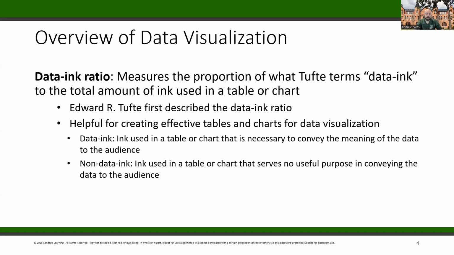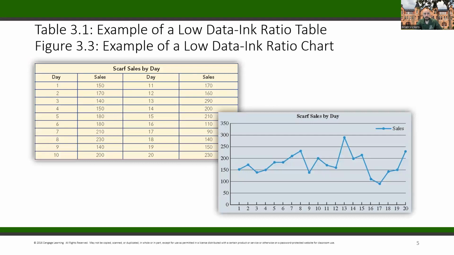An example of that, here's something with a low data-ink ratio. All of these lines in this graph aren't really necessary. They kind of detract from, especially this top left one. Let me turn on my laser pointer, especially this one here. All of these lines don't necessarily aid in any way what is being seen and kind of detract from that.